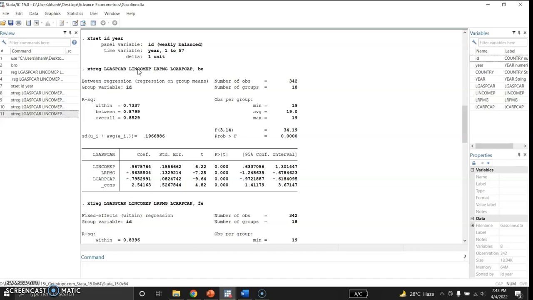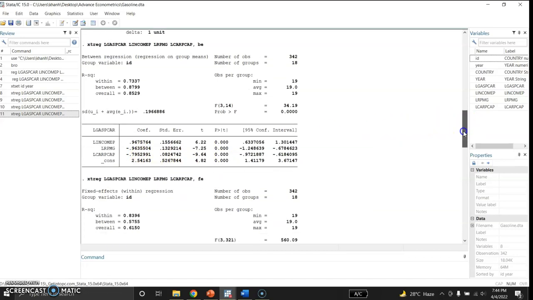This is the real per capita income. This is the real price of motor gasoline, and this is the natural log of car per capita, and these are the coefficients. The coefficient with the log of income per capita is positive. This is according to the theory, and with price this is negative. These are actually elasticities, income elasticity and price elasticity.